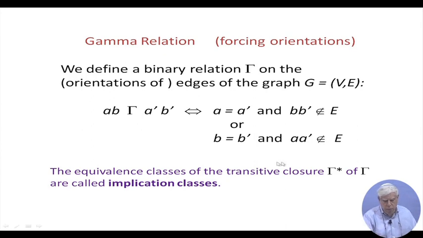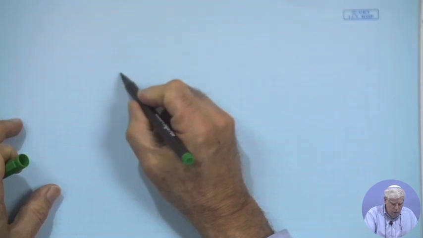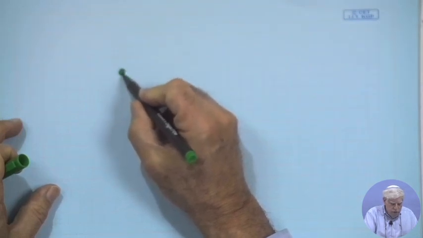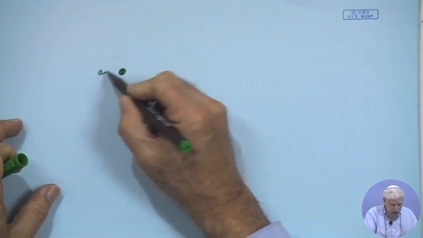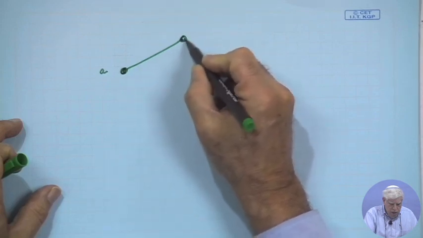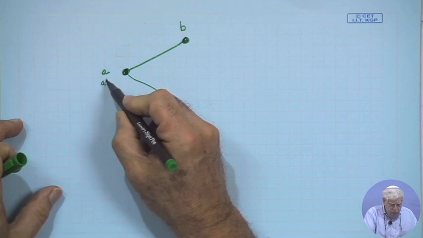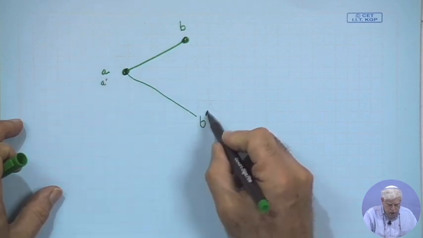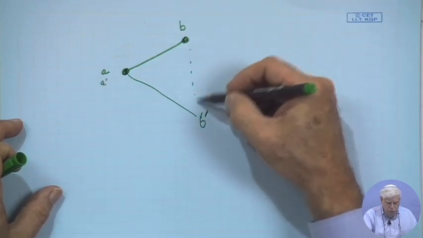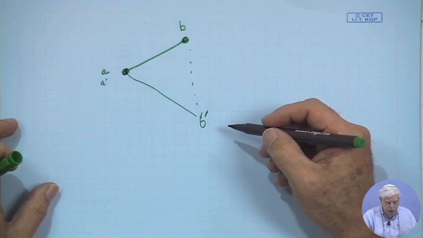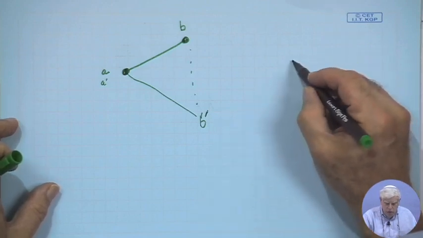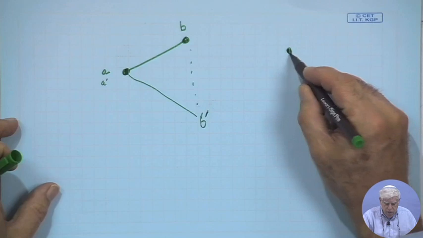Let's look at a piece of a drawing of that so you can see. The first situation is that A and B are an edge. A prime, which is the same as A, goes to B prime, but there's no edge between B and B prime. The other situation is analogous.